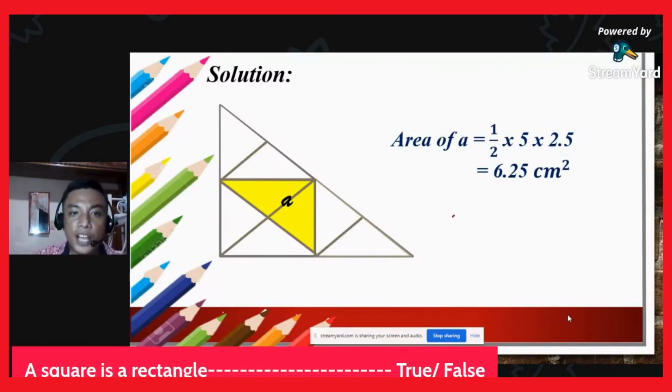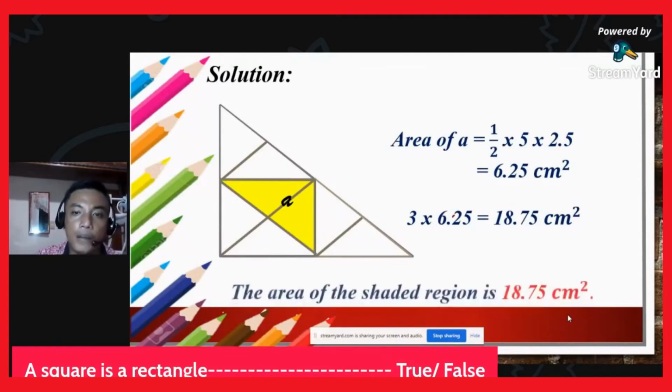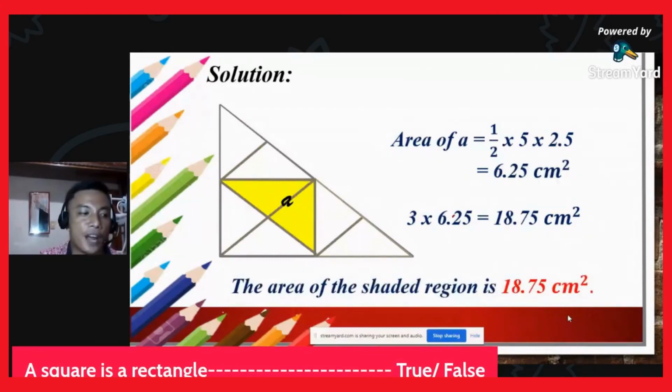Then, from the shaded part, we could form 3 triangles. That is why the area of the shaded region is 3 times 6.25, which is 18.75 square centimeters. Therefore, its area is 18.75 square centimeters.